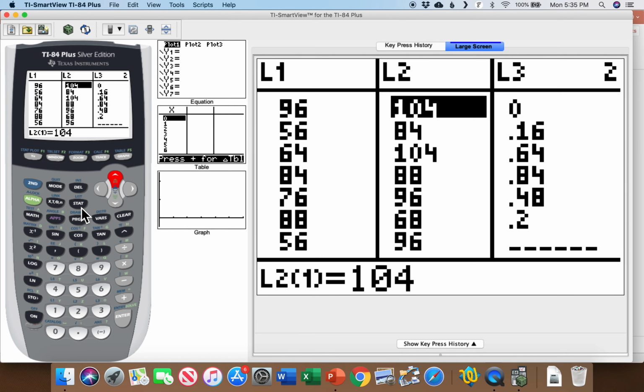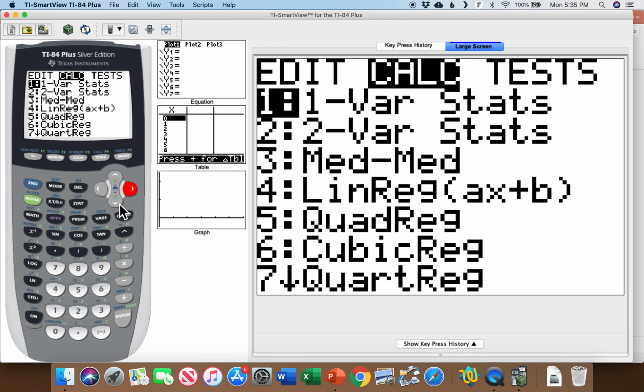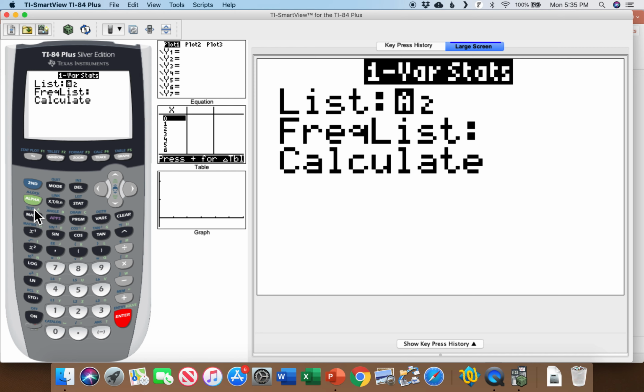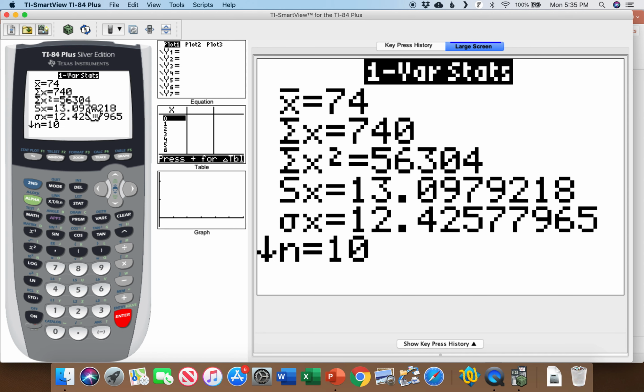And when you're done, come to Stat, Calc, one var stats. Remember that you're using the first list for men. Your sample mean is 74. Your sample standard deviation is 13.0979.